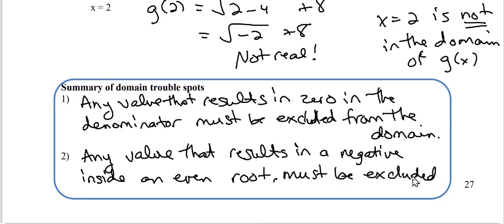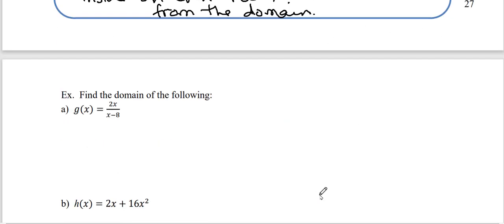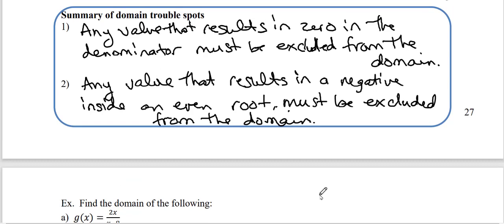Many times when we are talking about domain, we are talking about what do we exclude, and then it's everything else. Okay, so in this case, these are the two things that we're looking for. There are other types of functions that we need to consider the domain of in a different way, but things we haven't really studied yet.